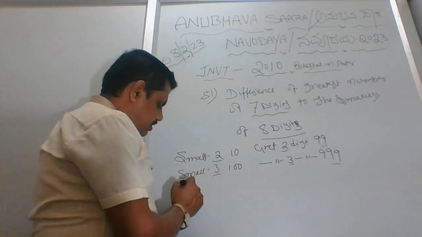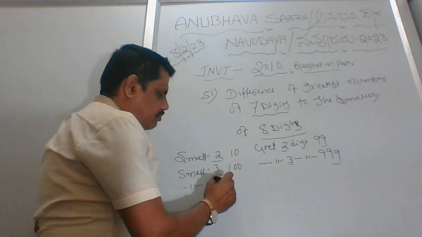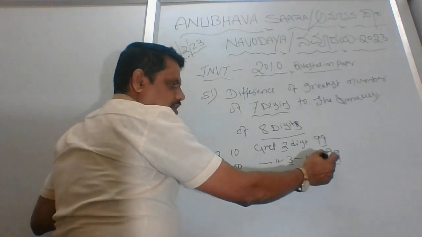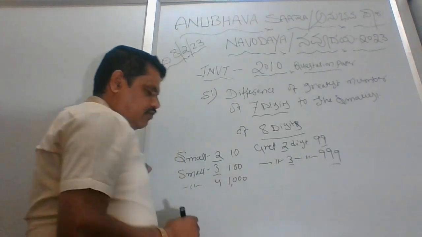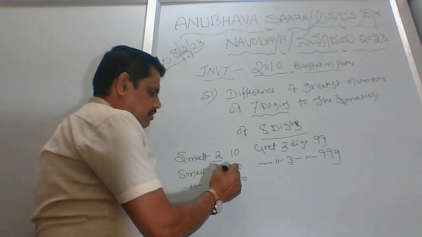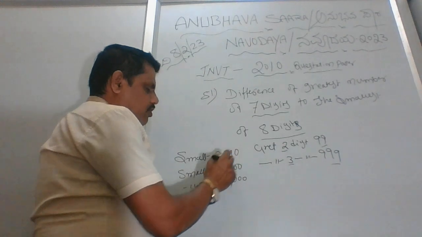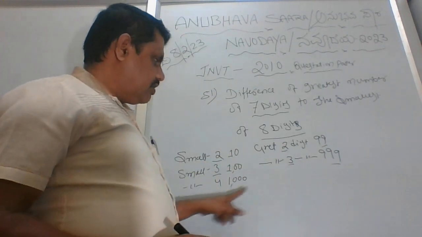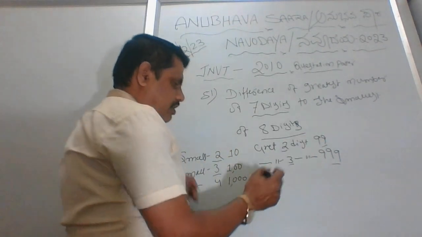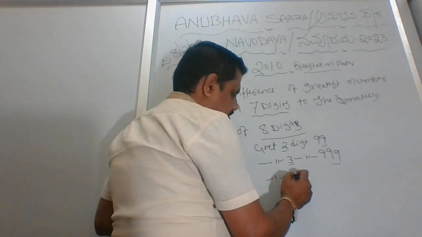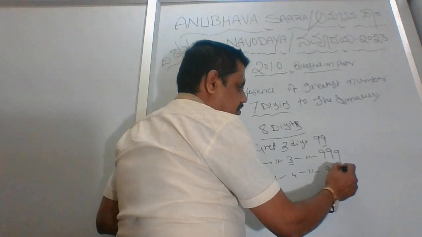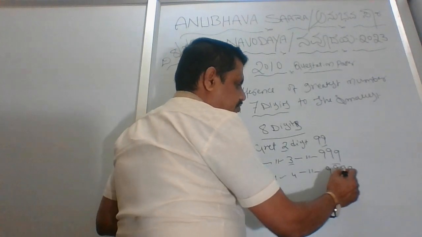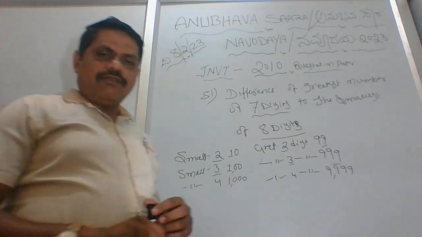So if you go with the smallest 4 digit number, after 999 it comes 1000. This is the 4 digit smallest number. Then what will be the end here? You may guess. The greatest 4 digit number will be 4 nines, that means 9999.